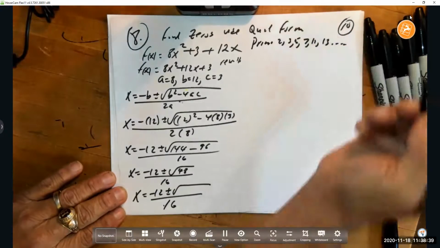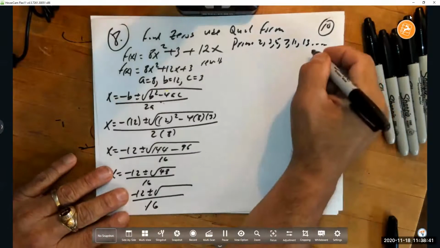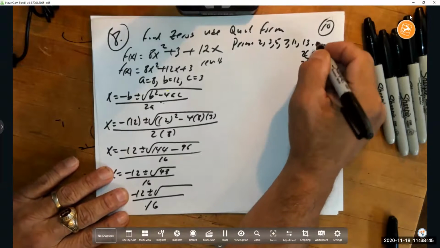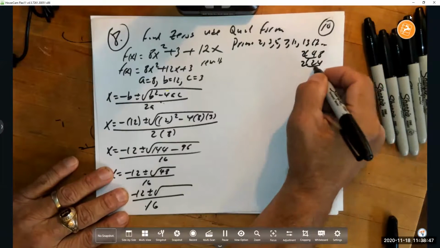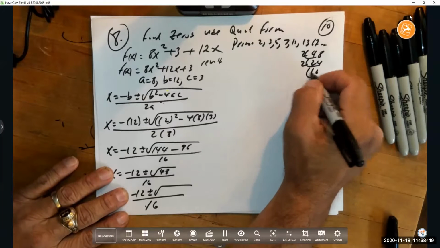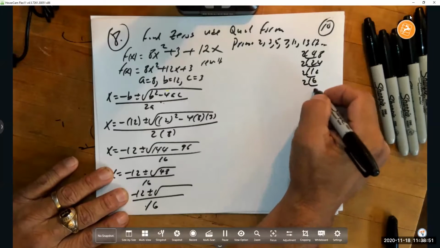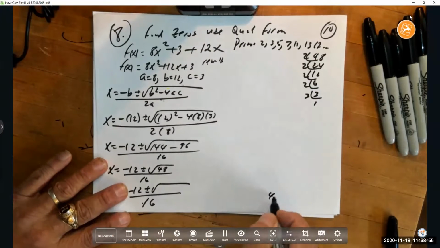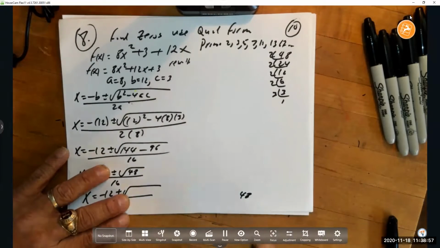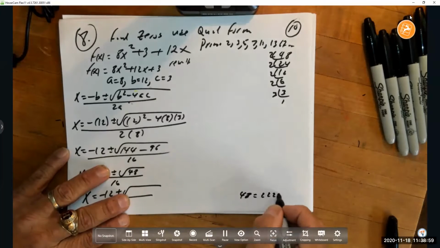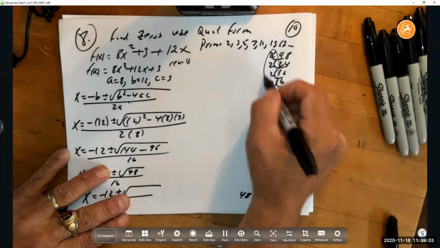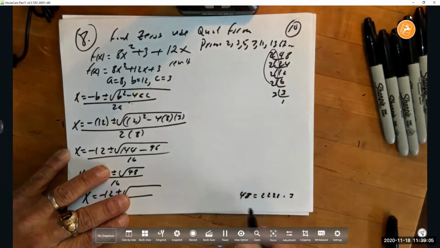So I'm going to start with 48. 24, and then keep going. 48 is 16 times 3.